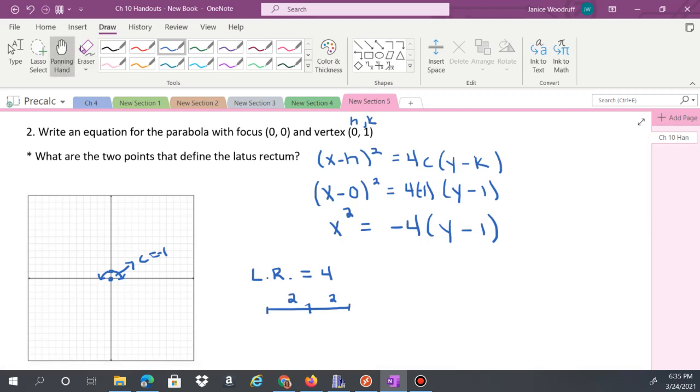So let's go ahead and erase these arrows that I drew because it's probably going to mess it up a little bit. There we go. All right, so 2 and 2, 2 left, 2 right. So then I can draw this a little bit better. Here's what my parabola is going to look like. I've got the points negative 2, 0, and 2, 0.